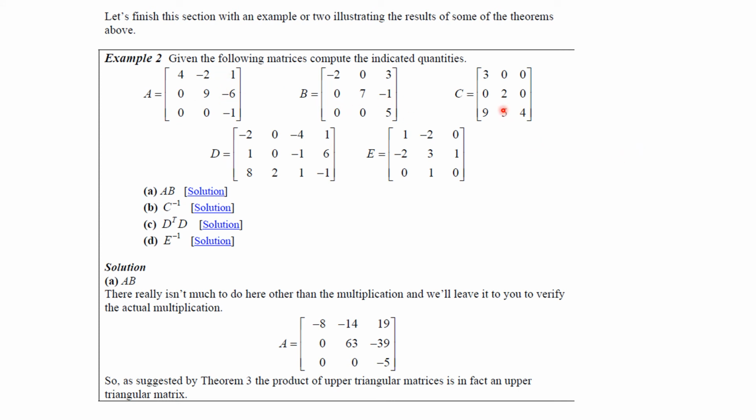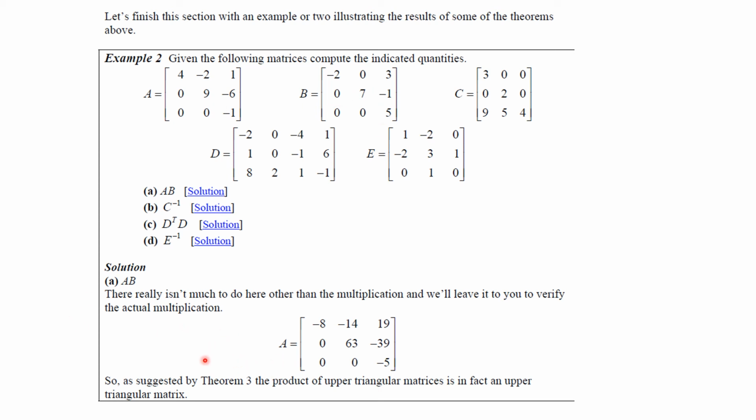We'll have a matrix C here, and C is this general matrix, and D is a 4 by 3, and E, and notice that E is symmetric. Anyway, let's compute a few of these. So this is A times B.